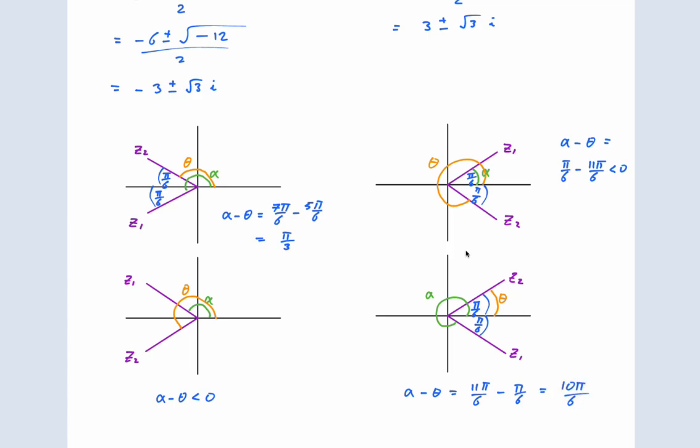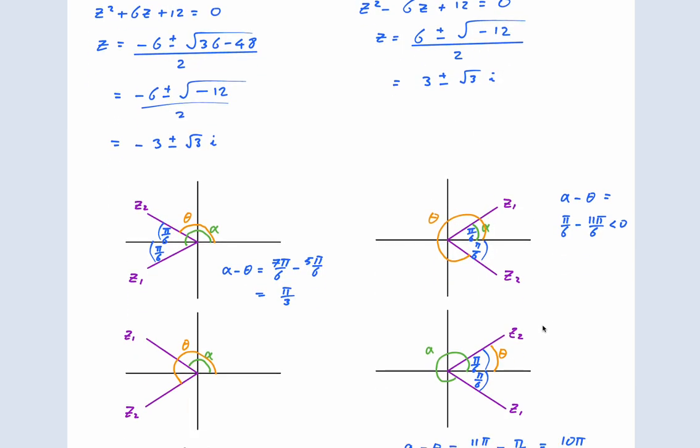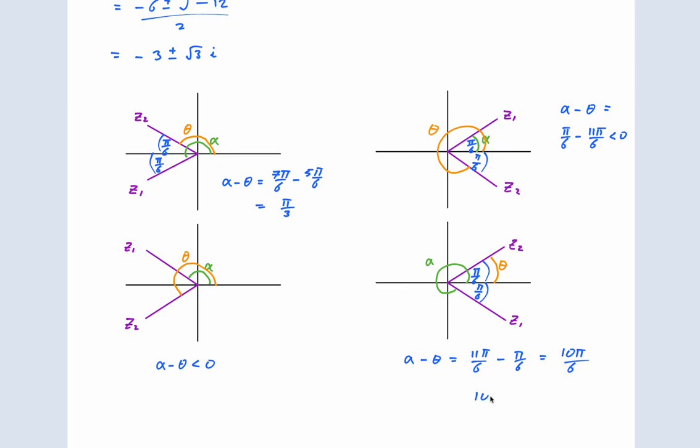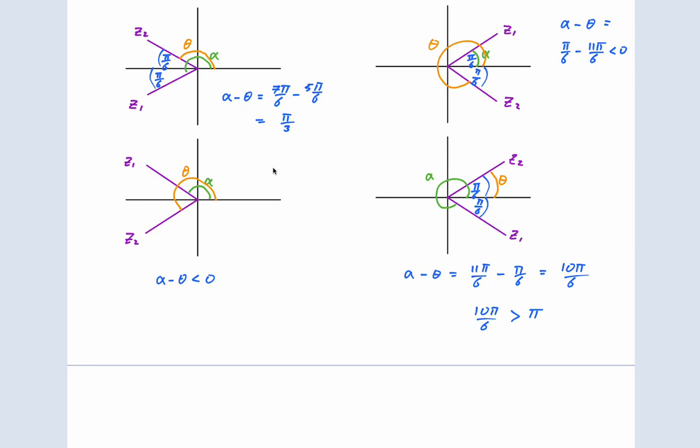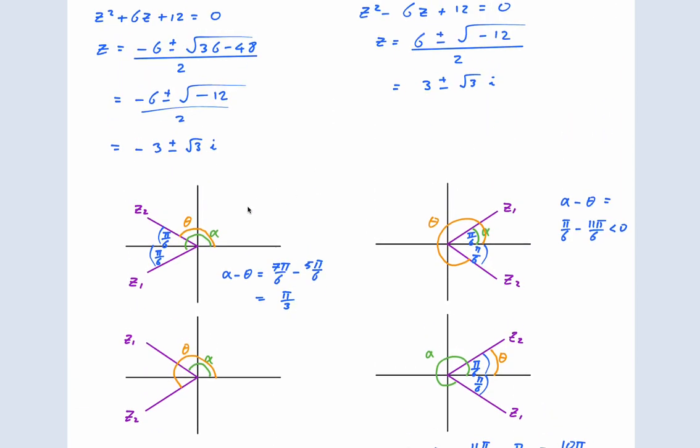But it has to be between 0 and pi, and this is bigger than pi. 10 pi over 6 is bigger than pi, therefore not a solution. Okay, so this one here is the only possible scenario.